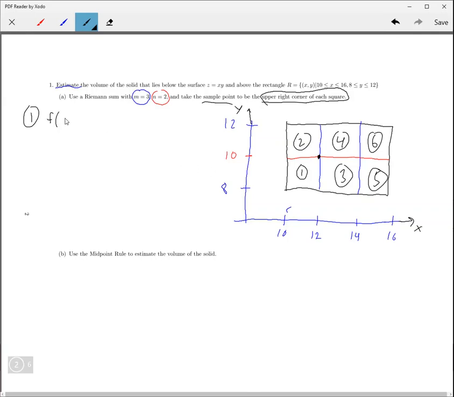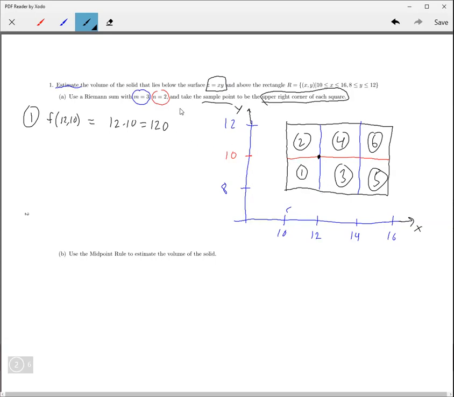Yes, 12, 10. Okay, so you're going to evaluate the function here. So 12 times 10, 120. It gives you 120. So the first one is 120.